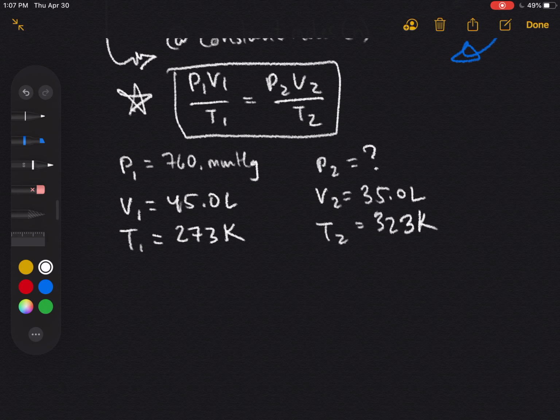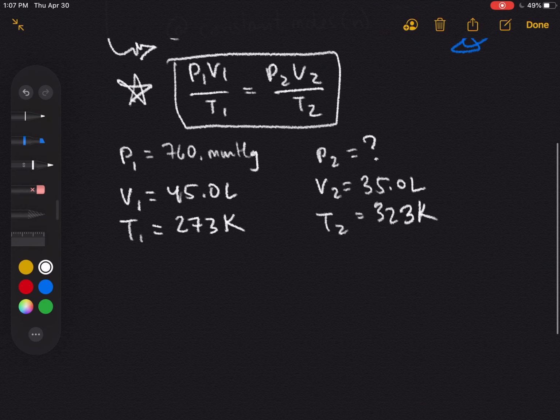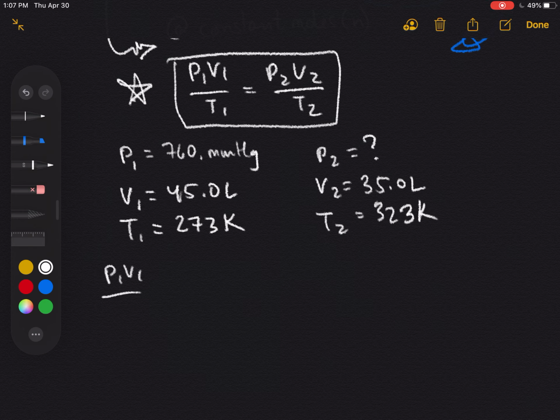So we're asking a question that's a little more complex, but using the combined gas law, we can still figure this out. Now in this example, we're going to solve for P2. So I'm going to write that down. P1 V1 over T1 is equal to P2 V2 over T2. And I'm going to solve for P2 here. So I'm going to do a little bit of algebra.